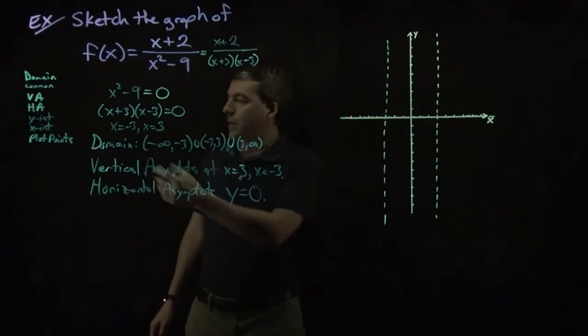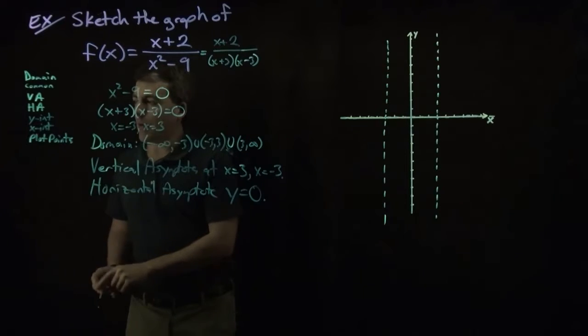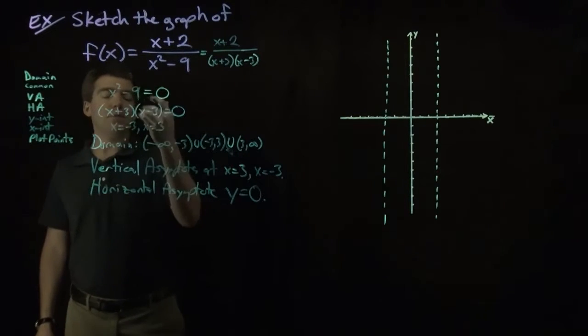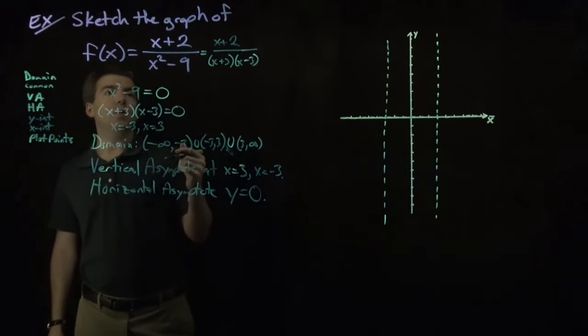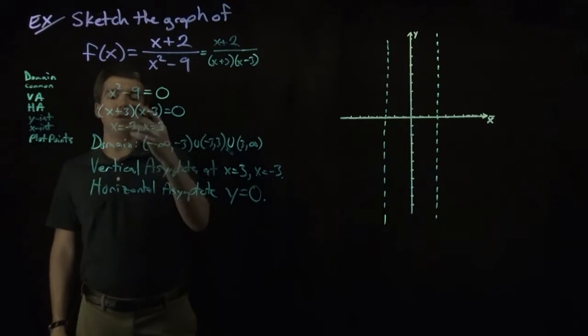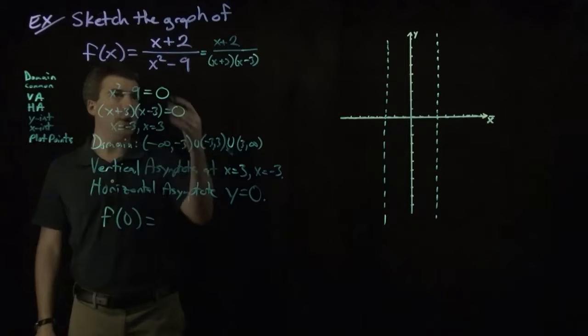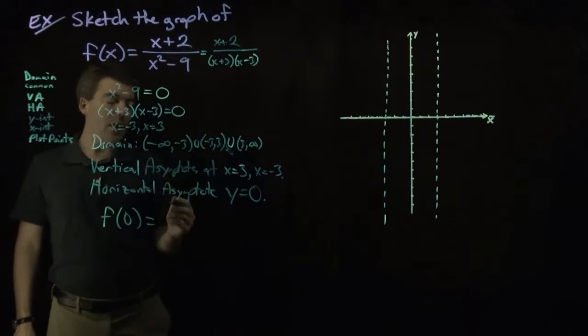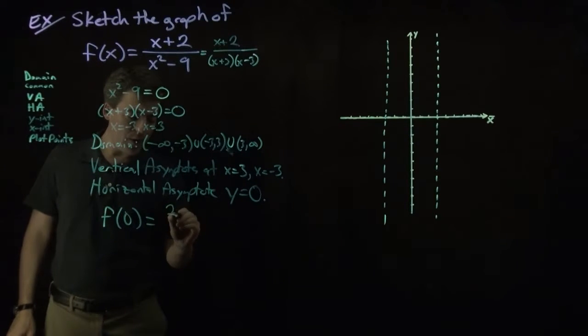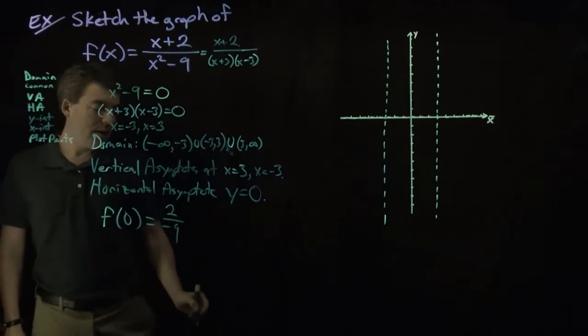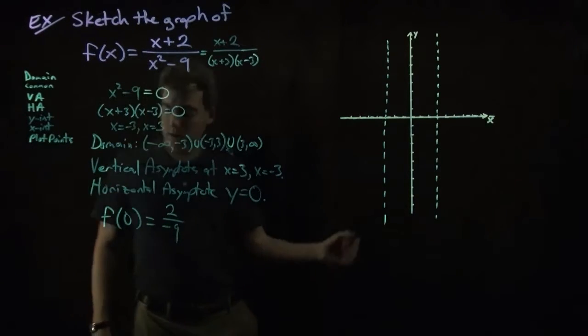Okay, other things we can look at are the y-intercept and x-intercepts. The y-intercept is where x equals 0. So we'll plug in 0 for x, see what we get back for y. We have 2 in the numerator, and then negative 9 in the denominator. So negative 2/9.